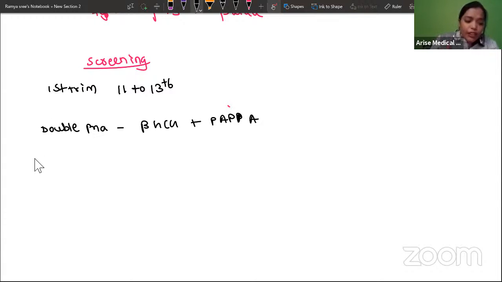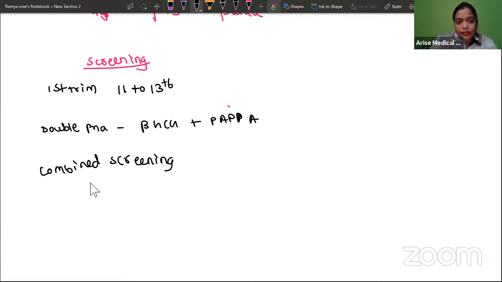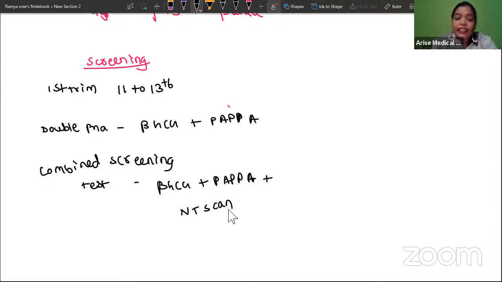So you have the next one, that is the combined screening test. Combined screening test is beta HCG plus PAPP-A plus the third one, the NT scan.